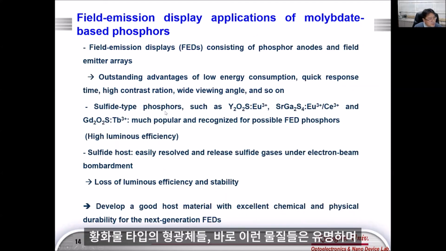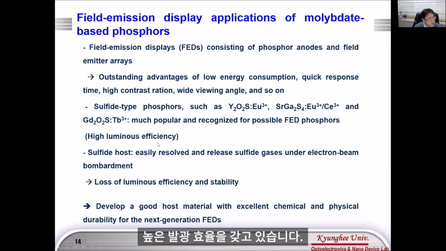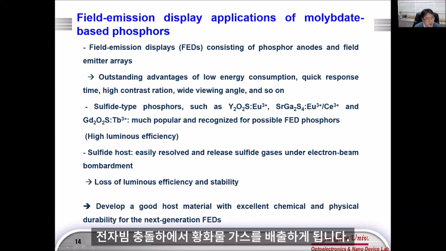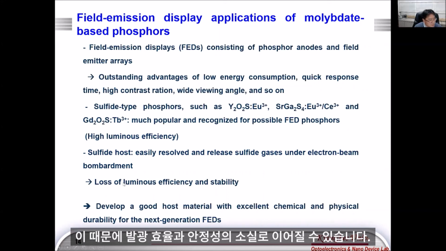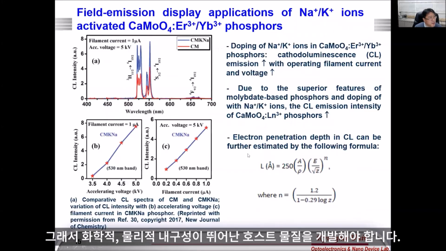Sulfide phosphors are popular and recognized as possible FED phosphors. They provide high efficiency, but the sulfide host is easily decomposed and releases sulfide gases under electron beam bombardment. This results in the loss of luminous efficiency and stability. So we should develop a novel host material with excellent chemical and physical durability.